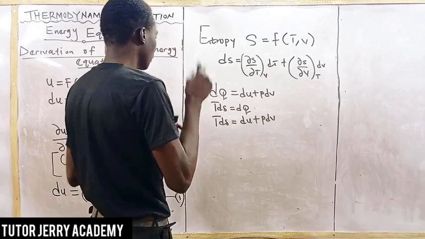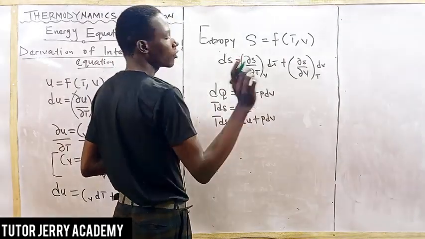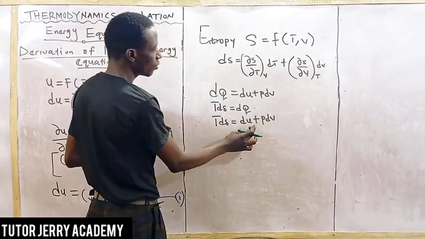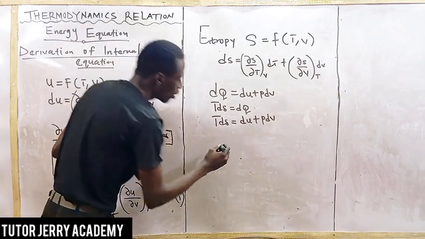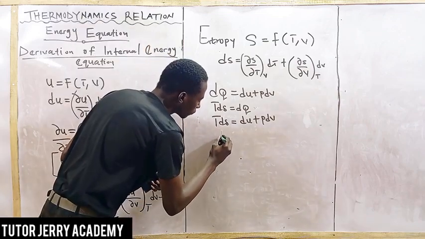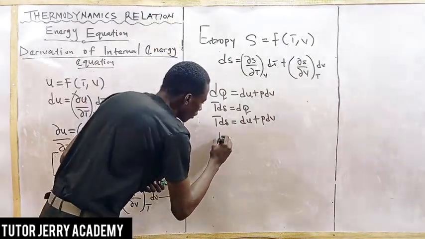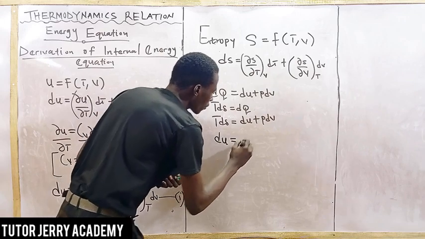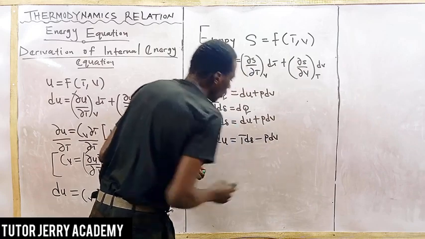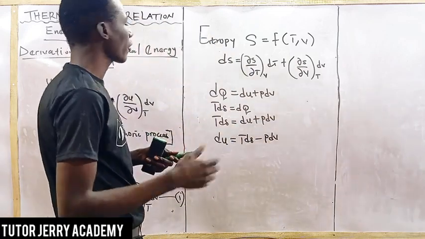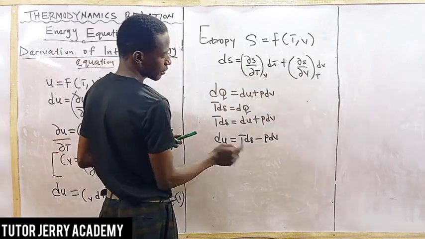Next, we substitute the dS in this equation. But before we do that, we make dU the subject of this relation. So we have dU equal to T dS minus P dV. Next, we substitute the value of dS, which is this, for the dS in this equation.